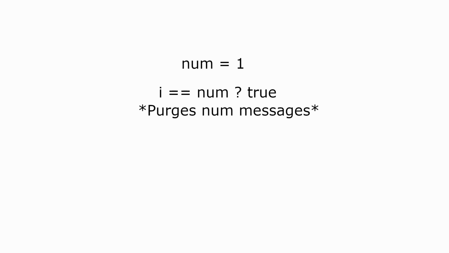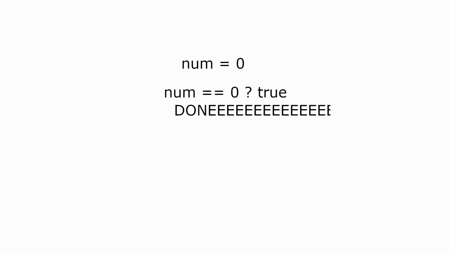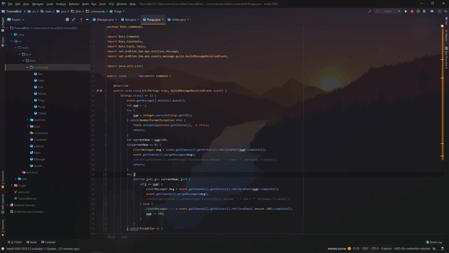We did minus 100 previously, so now num is 1, and i is also 1. So now i equals num, and we only get 1 message to delete, and we delete that. So that's how this works, and I'm pretty sure if you do exactly this, it's going to work perfectly fine.